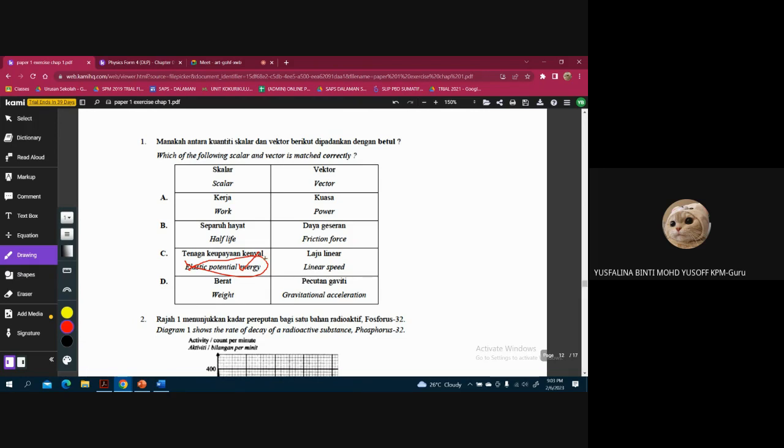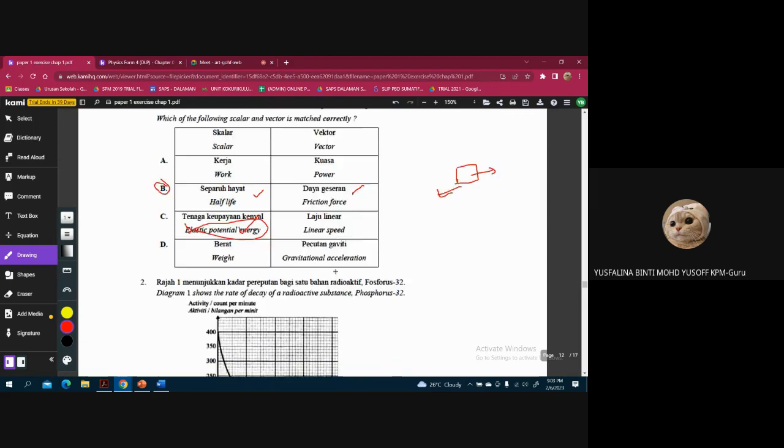Half-life is the one that we learn in radioactivity: the amount of time needed for this substance to become half of its original value. So that one is time, right? So yes, vector, the friction force. Because the friction force always opposes the direction of the force applied. So let's say if you drag the box to the right, then your frictional force will be to the left. So the answer is B.